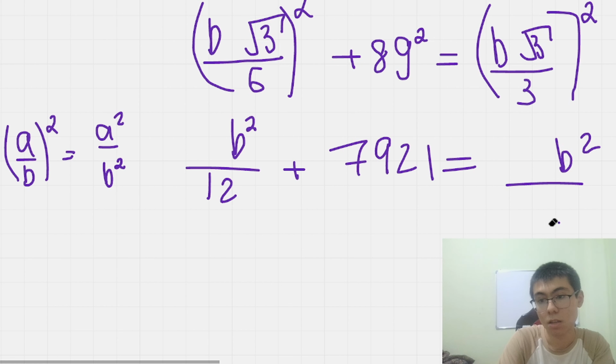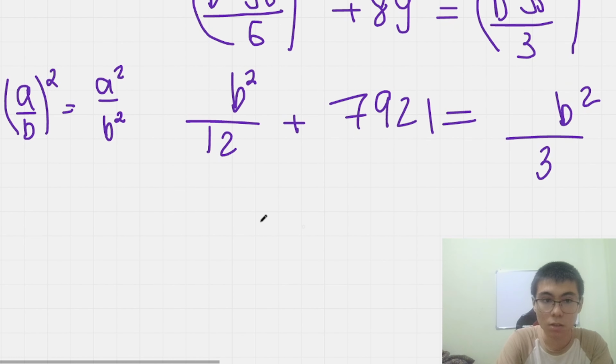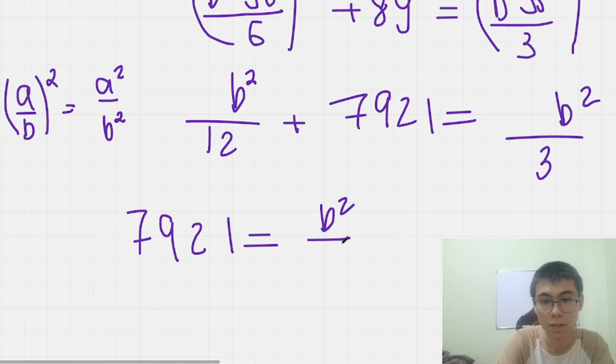Okay, so I'm going to write that in here. So now 7,921 equals b squared divided by 3 minus b squared divided by 12.